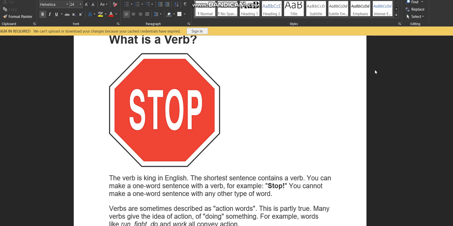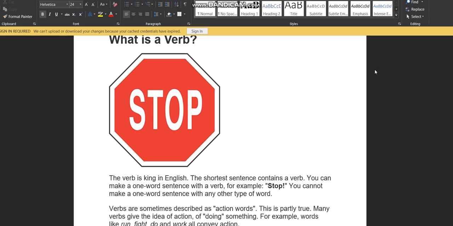Now, the shortest sentence contains a verb. Okay, the verb is king in English. One of the most important things is verb. Even a very short sentence contains a verb.